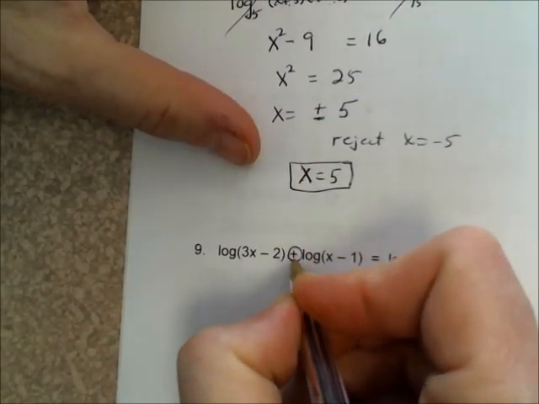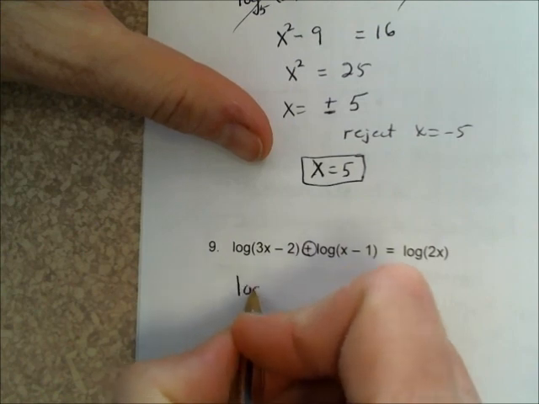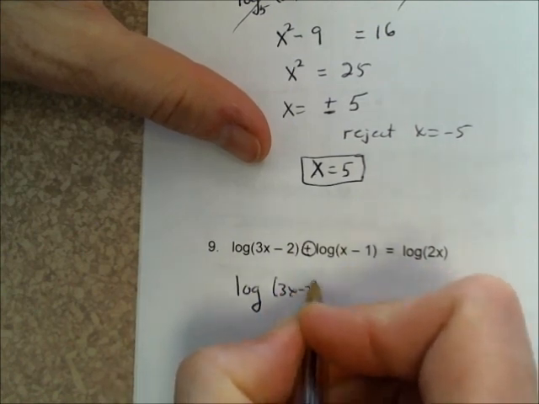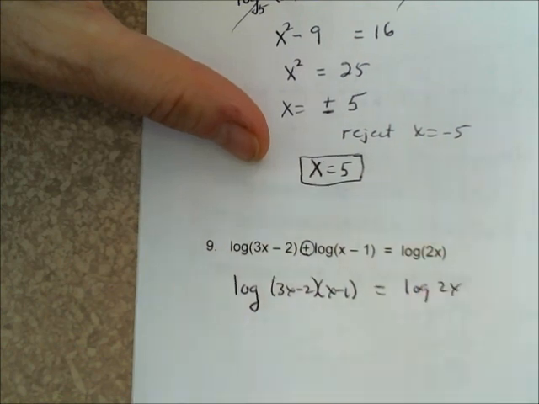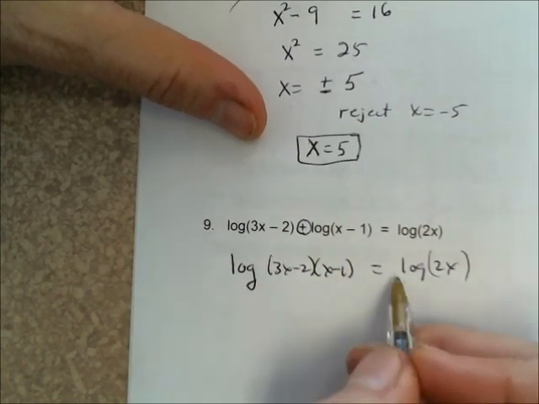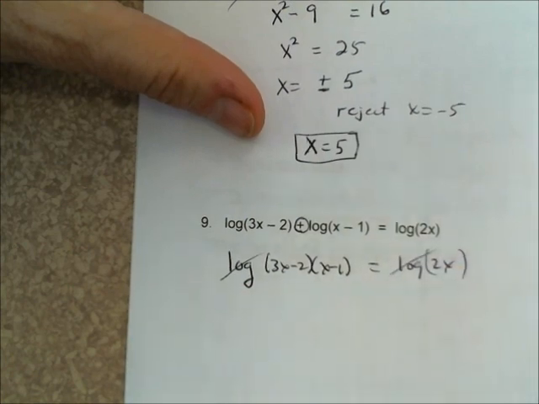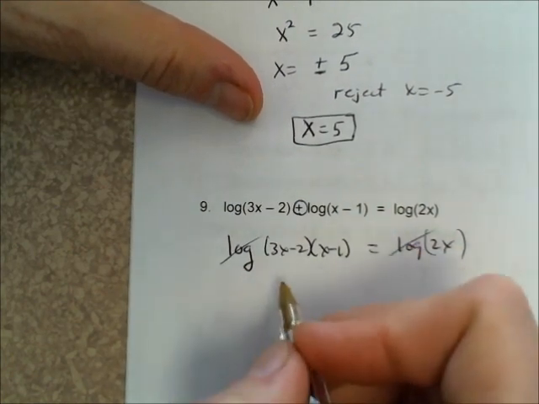The next one, we have condensing into a single log: 3x minus 2 times x minus 1 equals a log of 2x. Well, we have logs on both sides, so those logs go away, and we're just going to solve this equation with no logs.